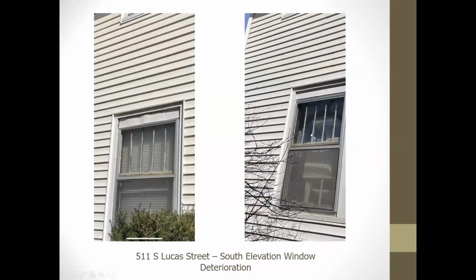The original windows were double hung, the new windows are single hung. The new windows are vinyl instead of wood or metal clad wood. The new windows are just a single light sash instead of a 5/1 or 6/1 like the front window.